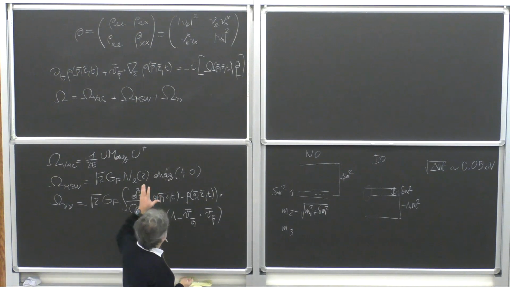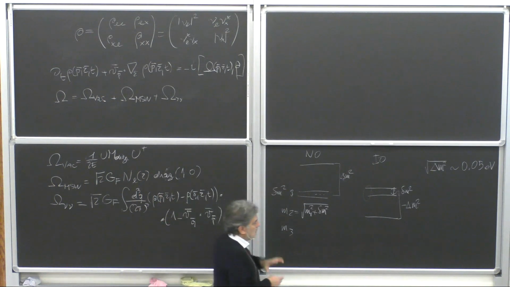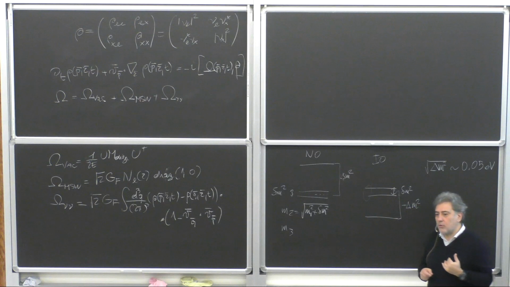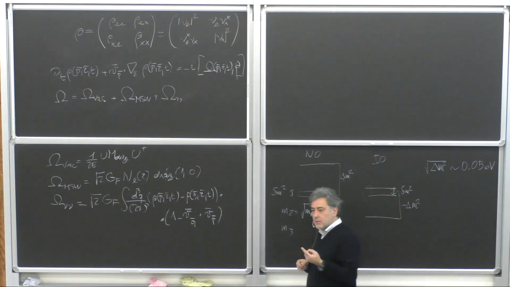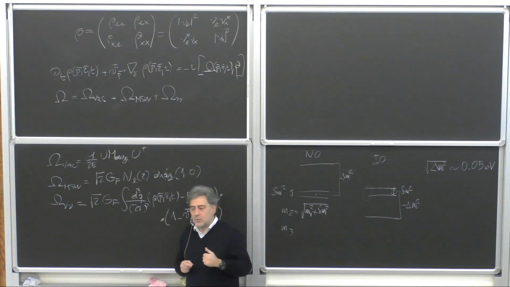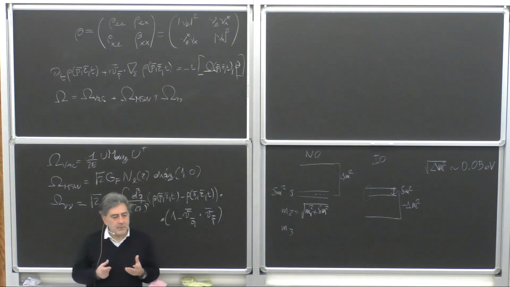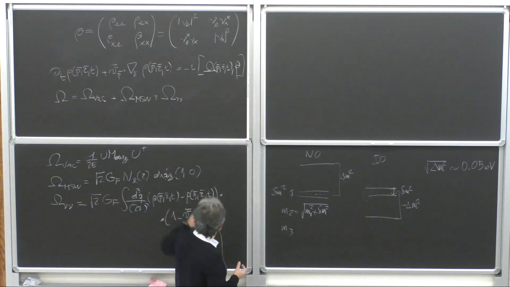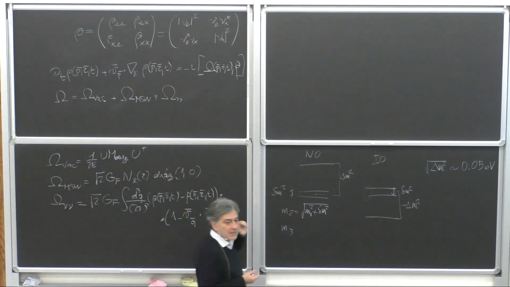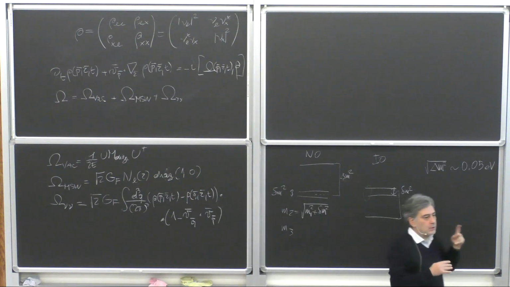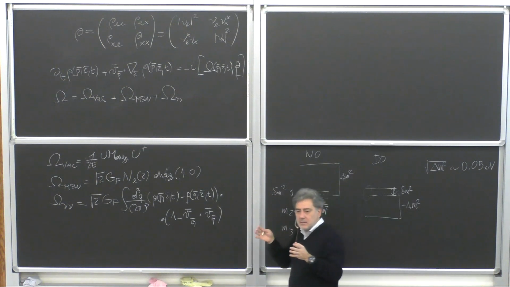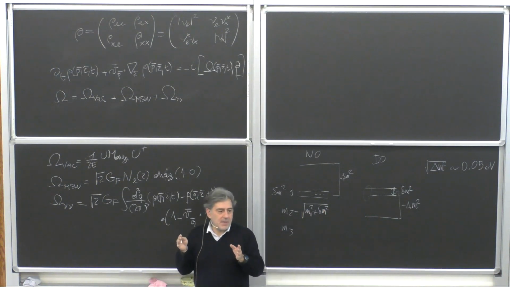Now, all these equations can be written, but I didn't do that, with the help of a vector, actually one vector for every energy. You can express the density matrix as a superposition, in the two-dimensional case, of the identity plus the Pauli matrices.